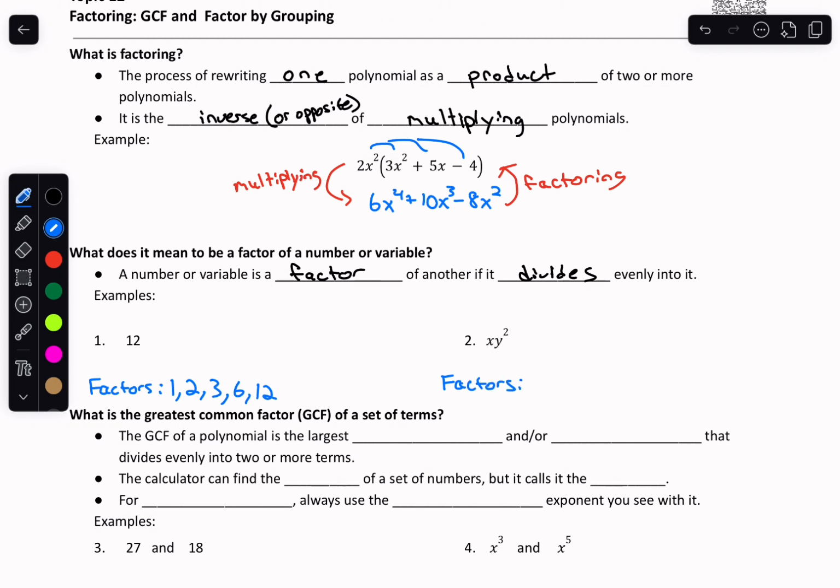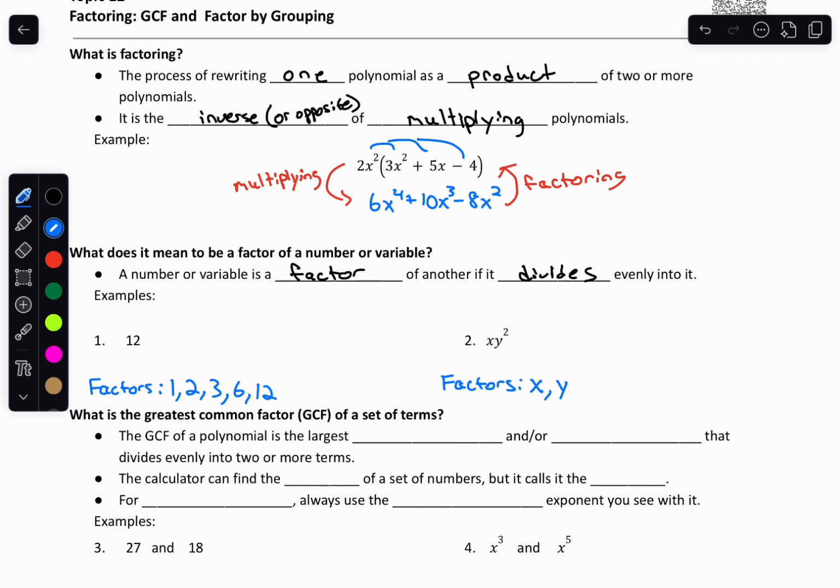Instead, our factors are going to be the variables that divide xy squared evenly. So for example, xy squared is divisible by x. If I were to divide xy squared by x, I would just get y squared. Xy squared is also divisible by y because there's a y in it.